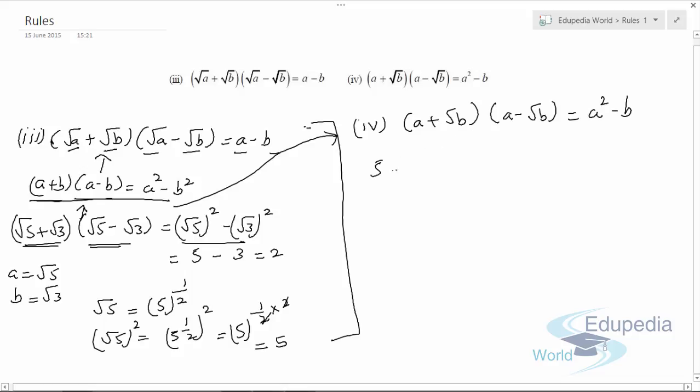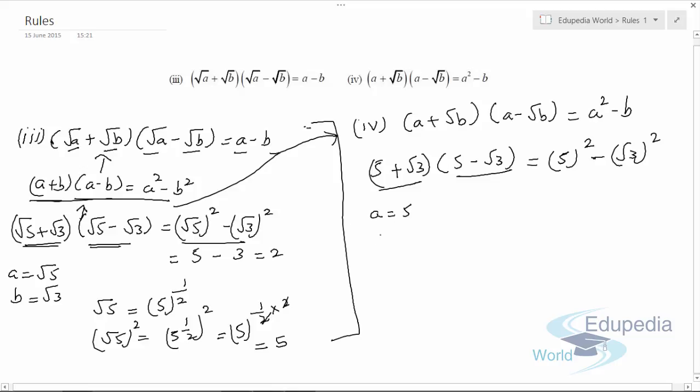Suppose we have 5 plus under root of 3 into 5 minus under root of 3. This means it can be written as 5 whole square minus under root of 3 whole square. Why? Because this becomes A plus B into A minus B, where A is 5 and B is under root 3.